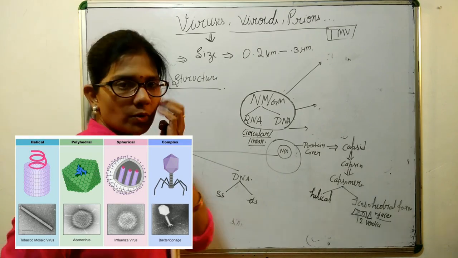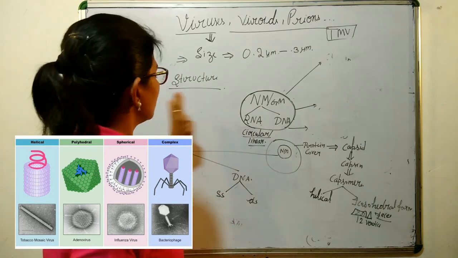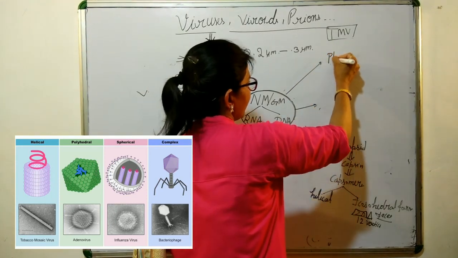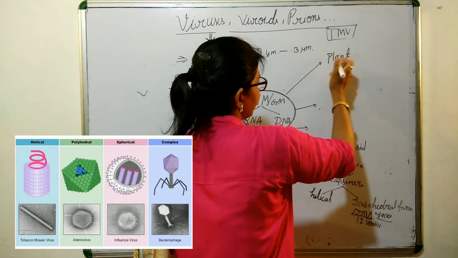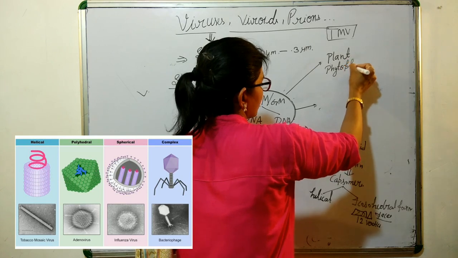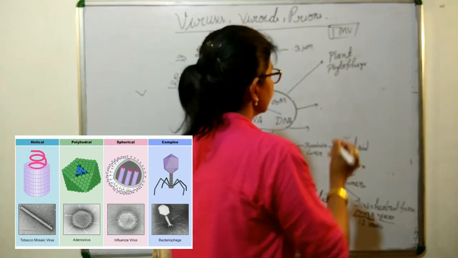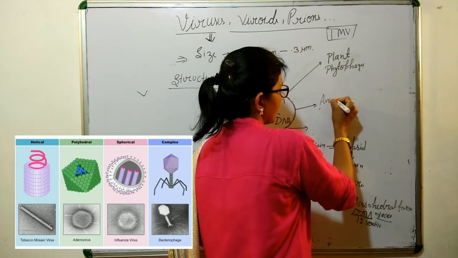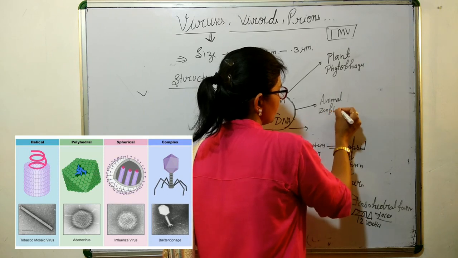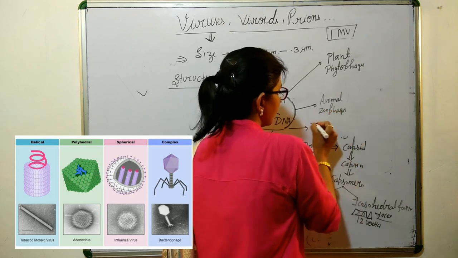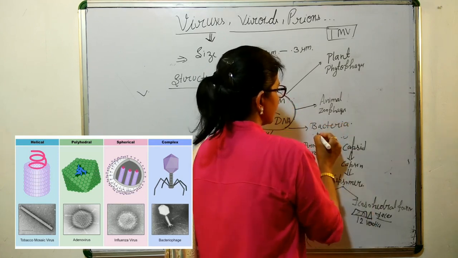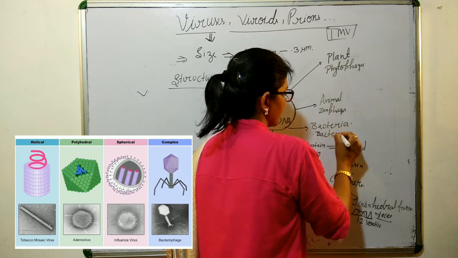Now, as per their host, according to the host, the viruses have different names. For example, if they infect plants, then they are known as phytophages. If they infect animals, then they are known as zoophages. If they infect bacteria, then they are known as bacteriophages.